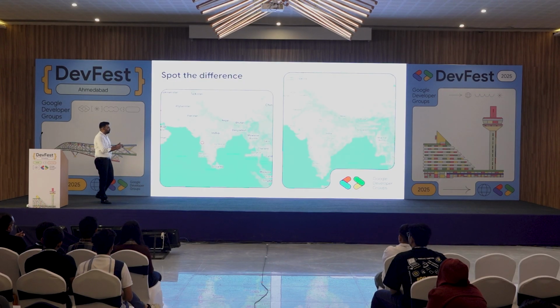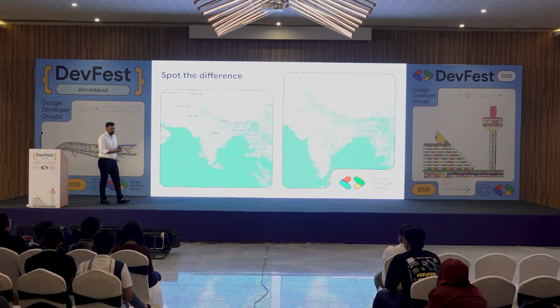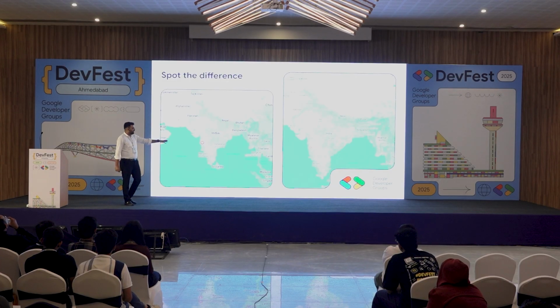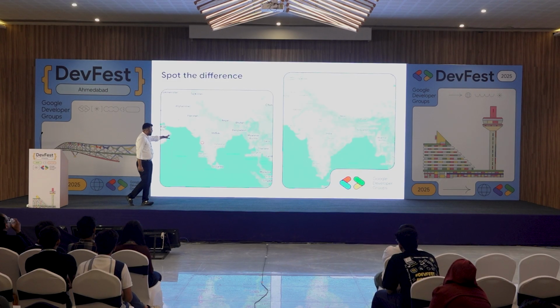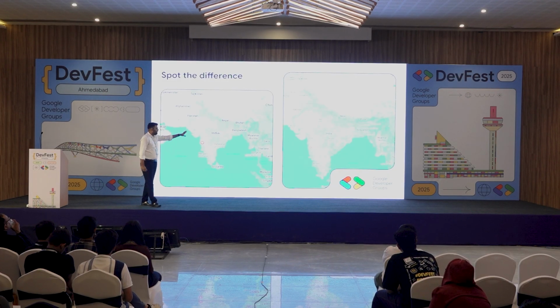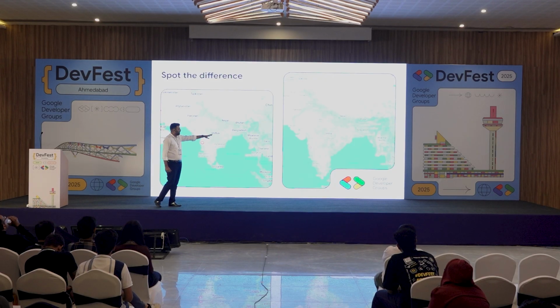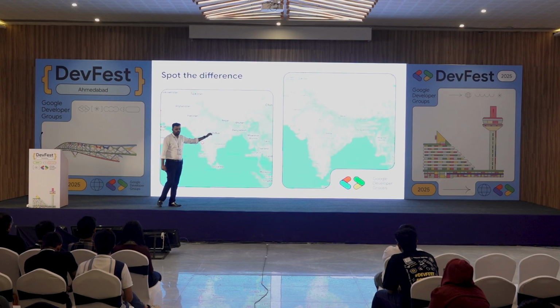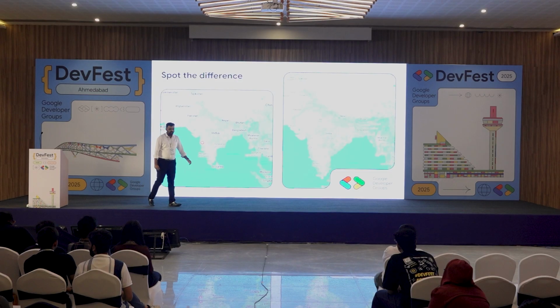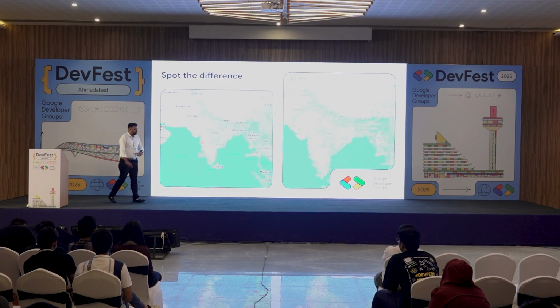As you zoom in, you get those details more. Here only the borders of the state are visible, but here you can see the internal road network as well. So these are the different zoom levels.